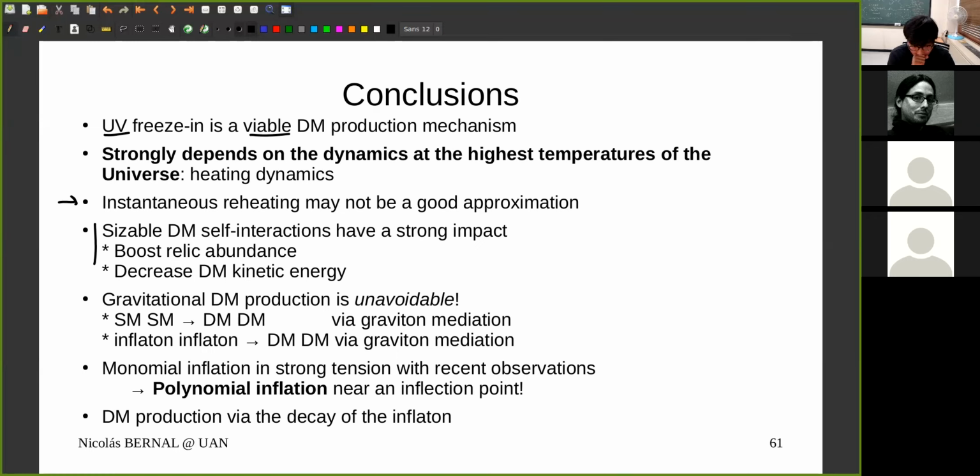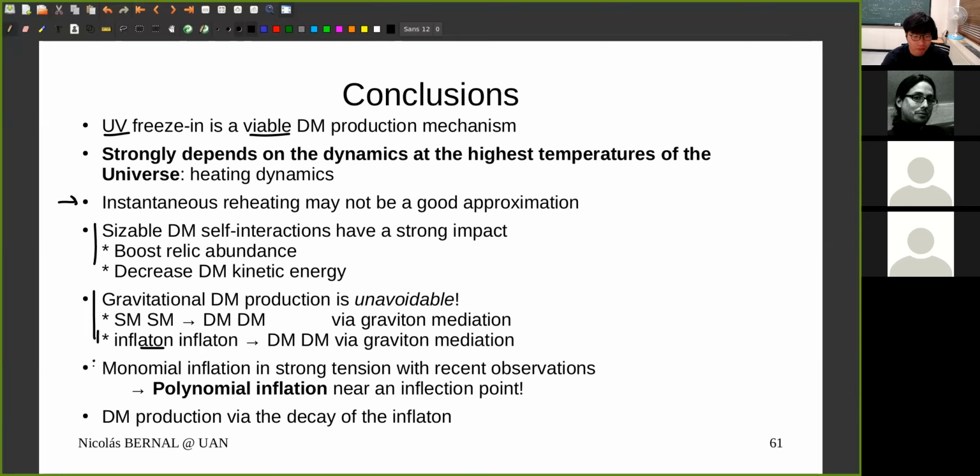Again, to emphasize, gravitational dark matter production is unavoidable, just because it's gravitational; there are no couplings to tune. You can have dark matter production out of standard model particles via graviton mediation, or during reheating via inflaton scattering.